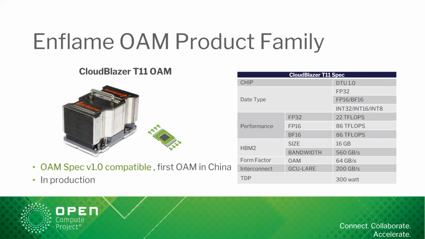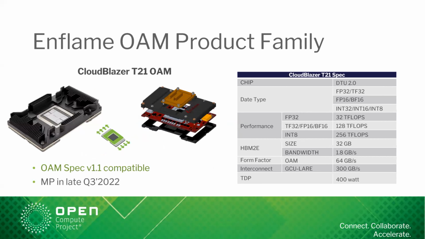Currently, this module is in production. Our next generation OAI module is about 400 watts, and it's going to mass production later this Q3. This OAI module is spec version 1.1 compatible.